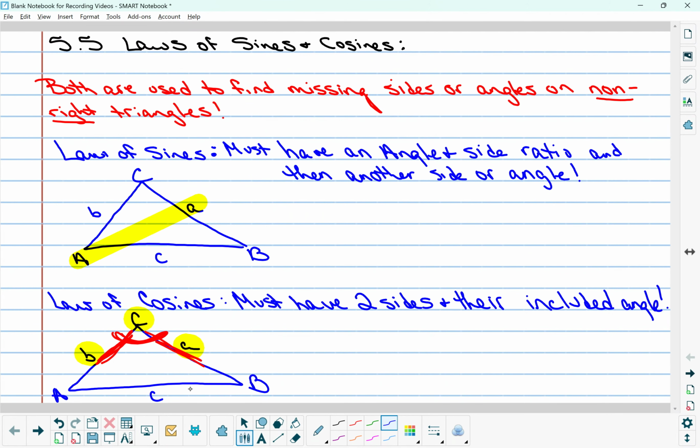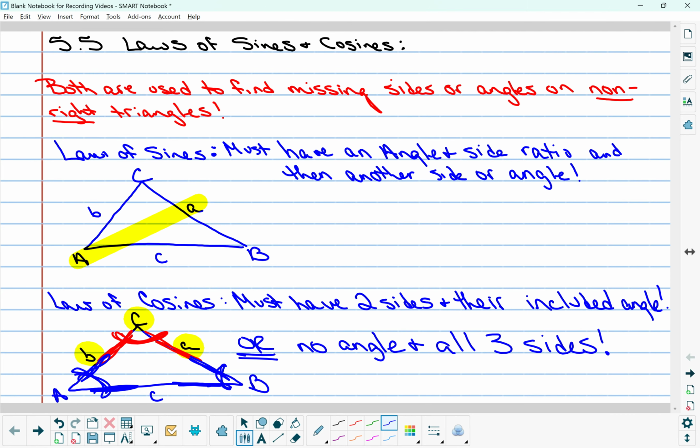And I hope you can see how that could be A and C with B included or B and C with A included, right? It could be any of those three combinations. Here's an or though. Or you have no angle and all three sides. Okay, that's the other time that you can use law of cosines.